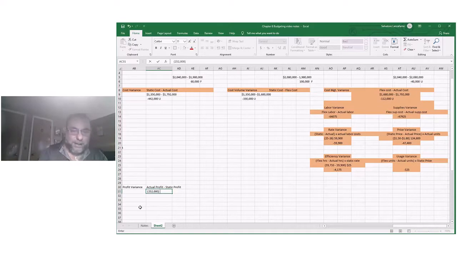And we were expecting a static profit of $130,000. So overall, we ended up with a negative $382,000 profit variance.